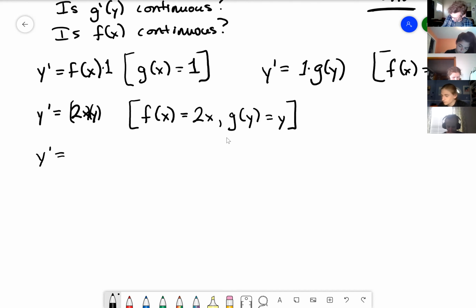Y prime is equal to e to the x plus y. Is this a separable ODE or not? I'm going to write this as a product of something just in terms of x, something in terms of y. Yes. I agree. So how do you write this as a product?